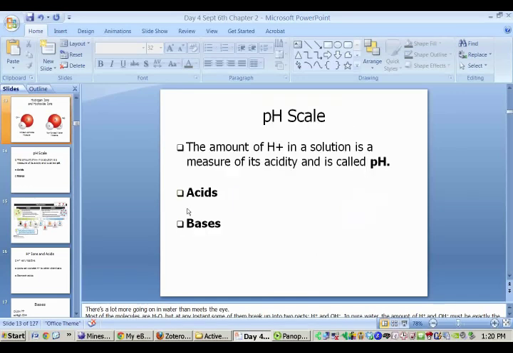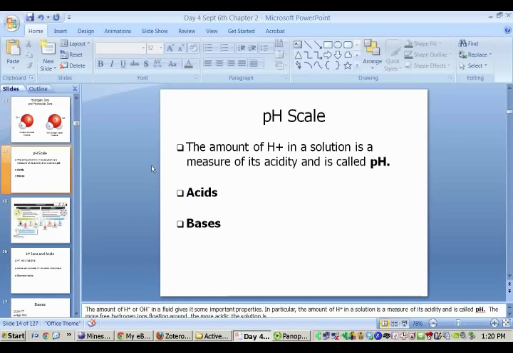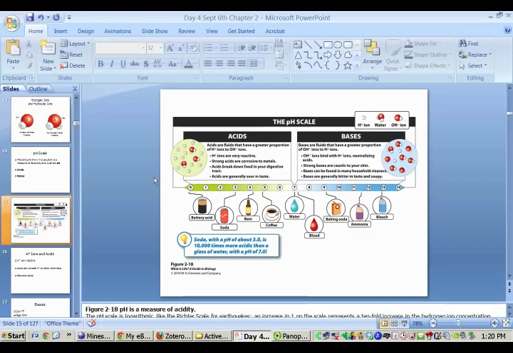charge to it. So the pH scale is going to be the amount of H plus or hydrogen ion in a solution, and then the measure of bases is going to be the OH minus or the hydroxide ions in a solution. So if something is considered very acidic, it's going to have a greater proportion of H plus ions to OH minus.